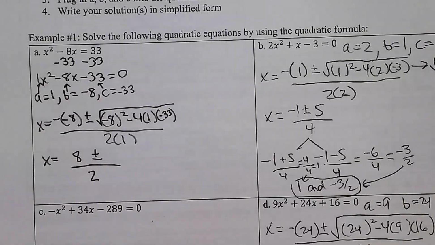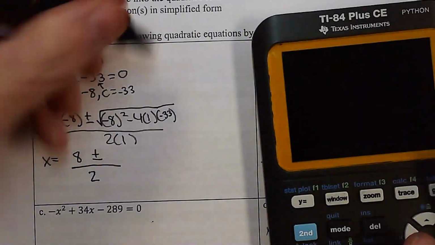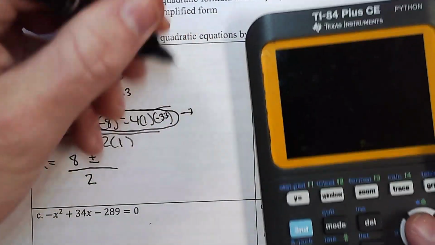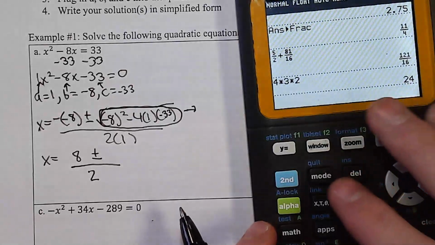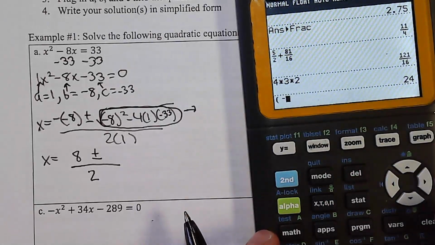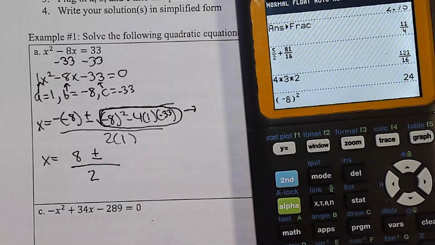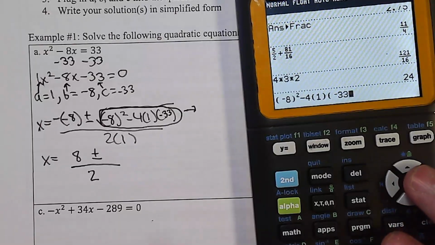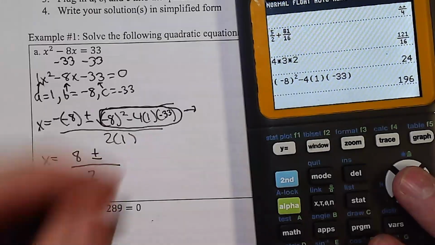This value underneath the square root is called the discriminant. Now, what you're going to do is enter this into your calculator, not the square root, but the value underneath. So I'm going to do open parentheses, negative 8, close parentheses squared, minus 4 times 1 times negative 33. So it's 196.